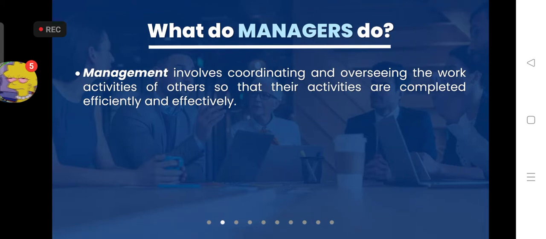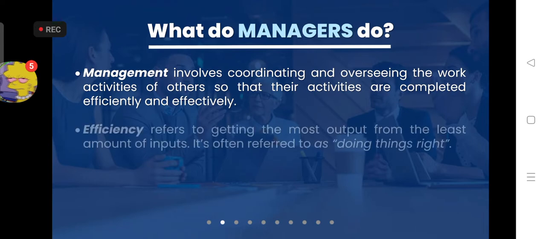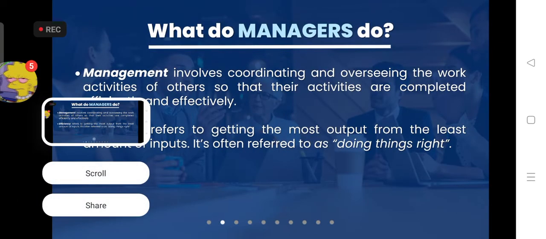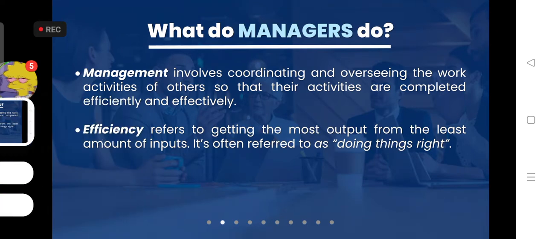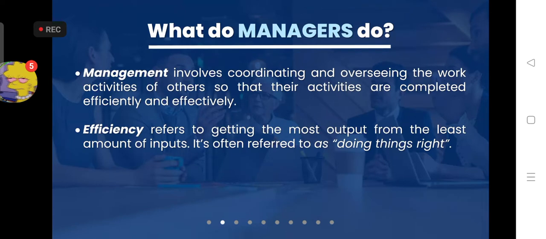So, what is efficiency? Efficiency refers to getting the most output from the least amounts of input. It's often referred to as doing things right, and it seeks to limit the wasted input, which is costly for business. So, to be efficient, one should practice doing things quickly in order to save time and effort.